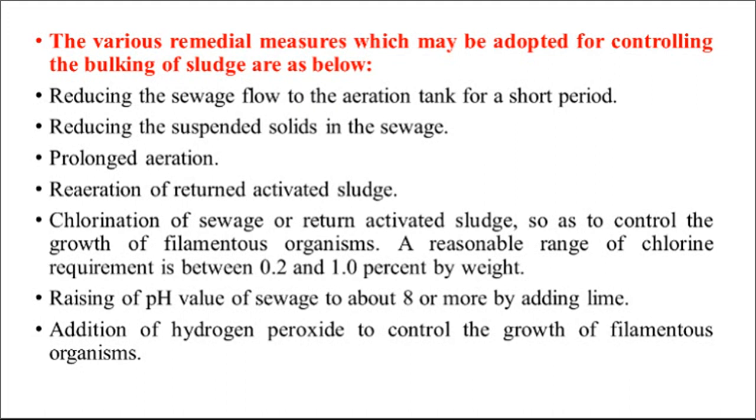A reasonable range of chlorine requirement is between 0.2 to 1% by weight of the sludge. Then raising the pH of the wastewater to about 8 or more by adding lime. And the last one, addition of hydrogen peroxide to control the growth of filamentous microorganisms. So by doing these processes, sludge bulking can be minimized or avoided.